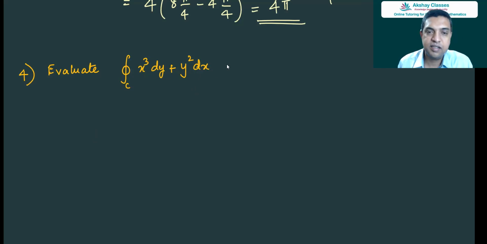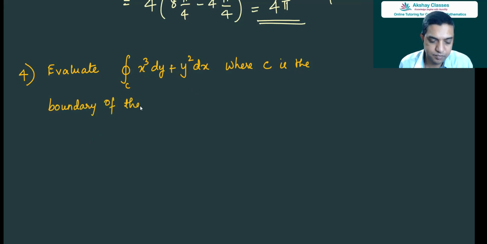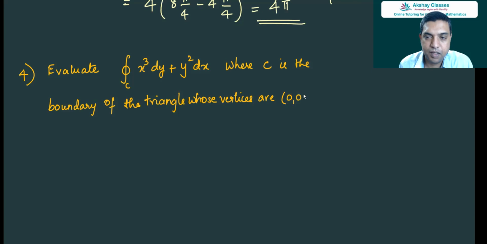Directly it's given where C is the boundary of the triangle whose vertices are 0 comma 0, 1 comma 0 and 0 comma 1.